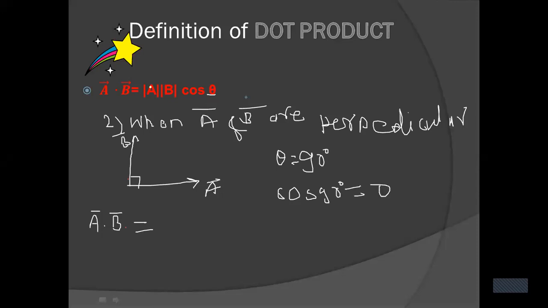So here A bar dot B bar is equal to mod of A bar mod of B bar into cos 90, that is 0. Here simply your A bar dot B bar is equal to 0. This is when your two vectors are perpendicular to each other.